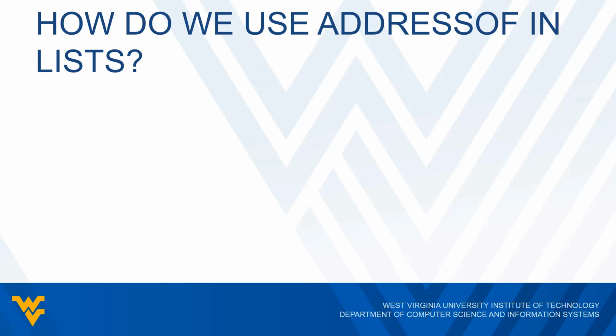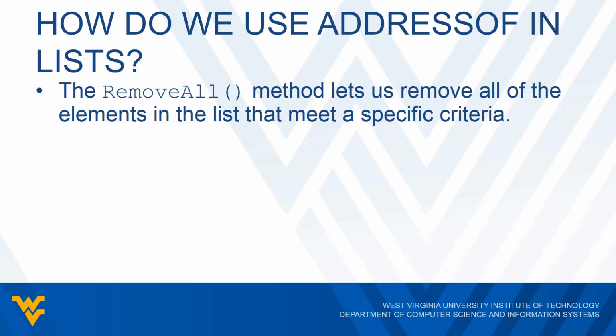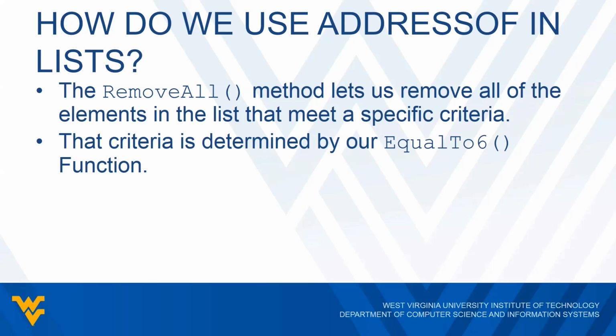So how do we actually use this AddressOf operator for our lists? Well, remember the RemoveAll method, so we're going back to that as our example here, it's going to let us remove all the elements in the list that meet some criteria. In this case, in our example, the criteria is going to be determined by our EqualTo6 function. So if a specific element is equal to 6, this function is going to return true.